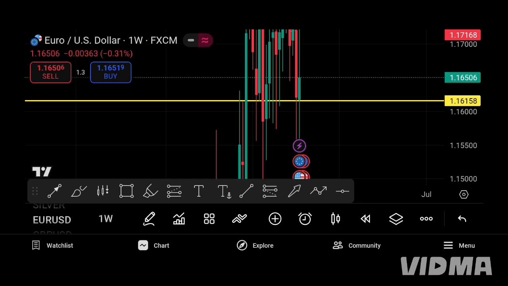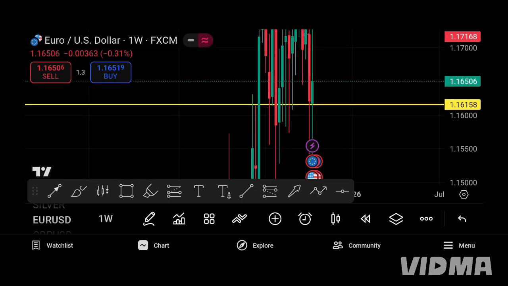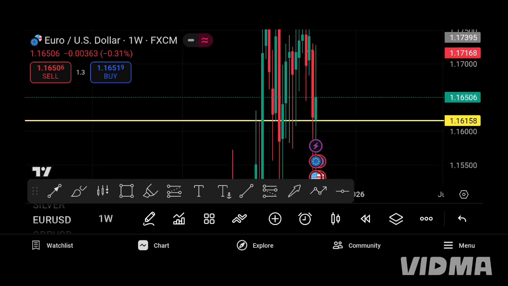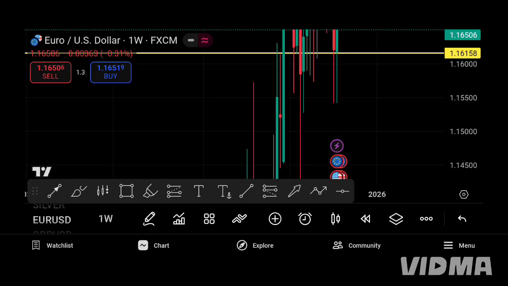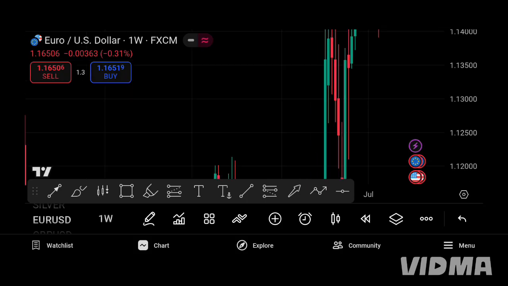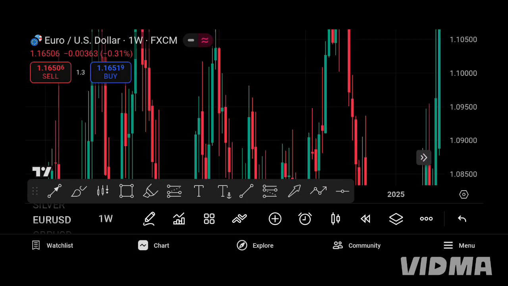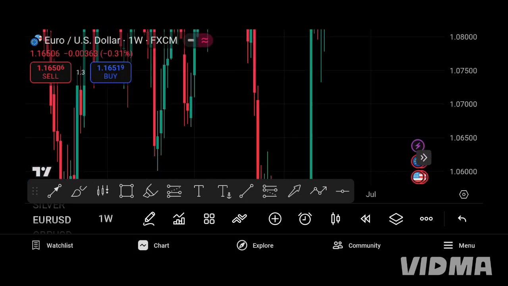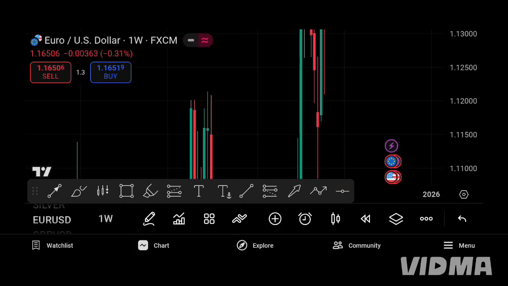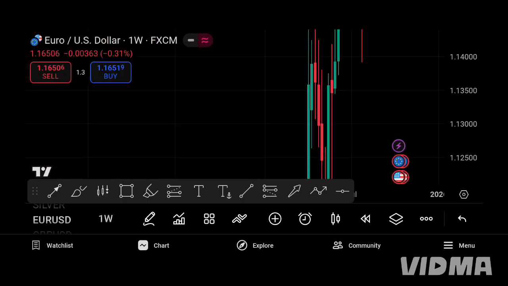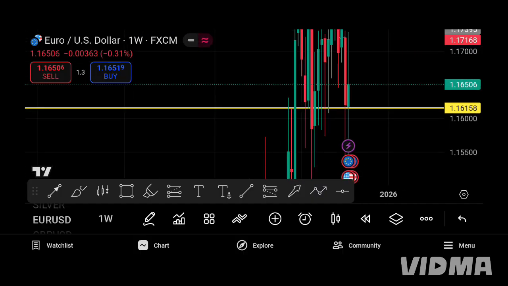So after that, from the weekly, because we have seen that we've been in an uptrend on the weekly, because you can see here, EUR has been breaking, moving up, breaking all the higher highs up to there.